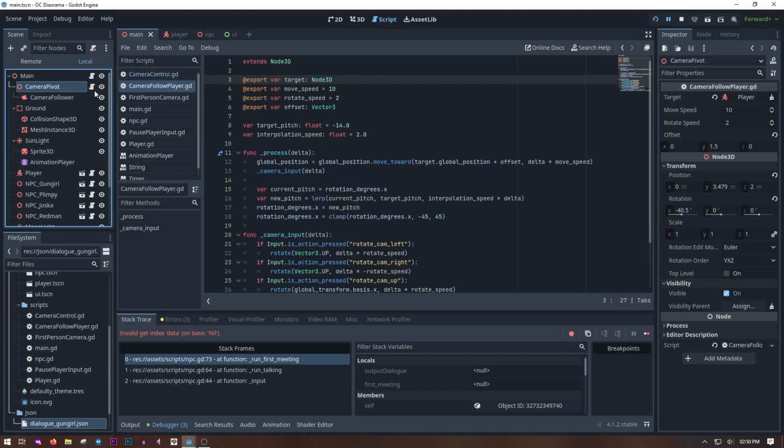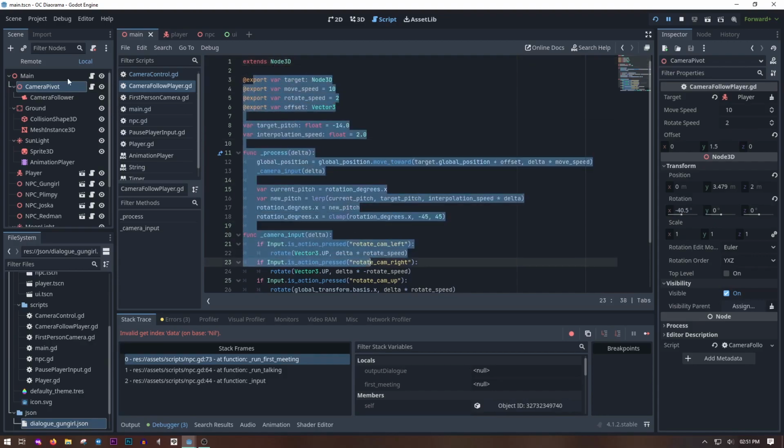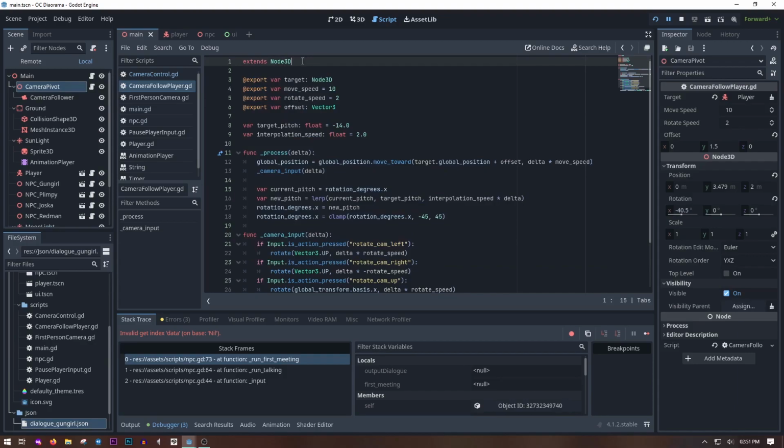Anyway, camera follow player, this script here is linked to this thing. So it extends Node3D because this is a Node3D. It is not a specific node type other than it being 3D. So it extends this, meaning that, if I understand correctly, anything I reference that's inherent to a Node3D, you will not need to explain to this script what the qualities of a Node3D are, and specifically this one.